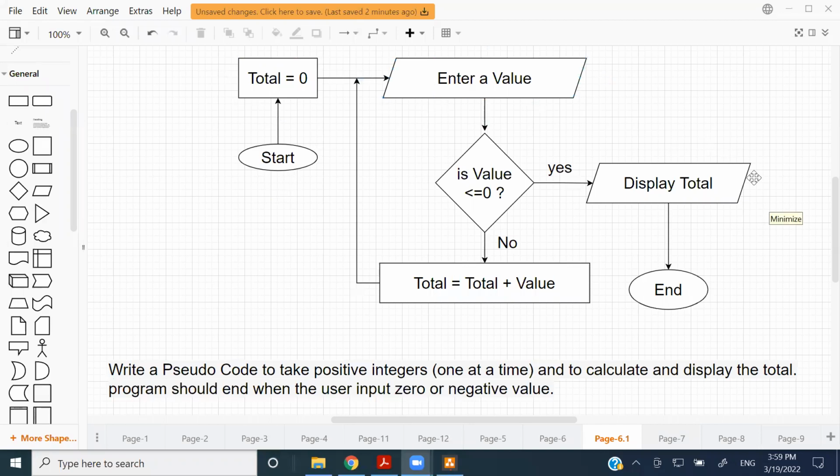Or I can start discussing. Is there anyone who needs more time? Yes, Dinelka? Yeah, that's going to be the answer. Yes, yes, that's correct.